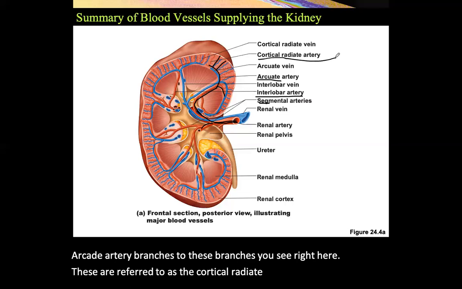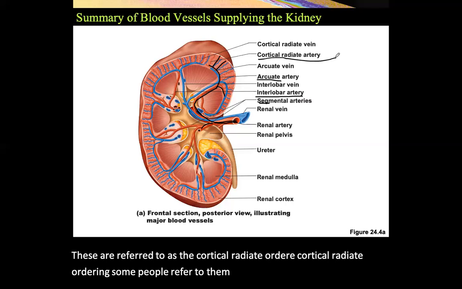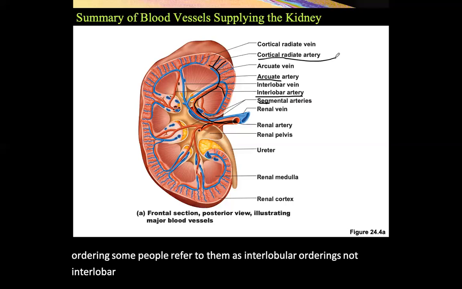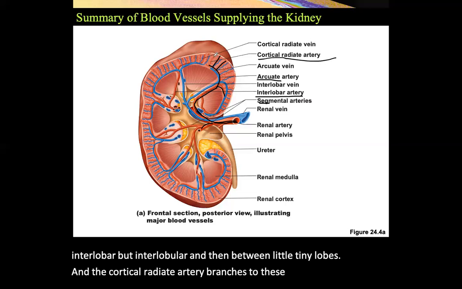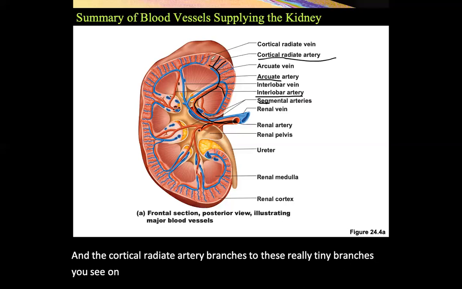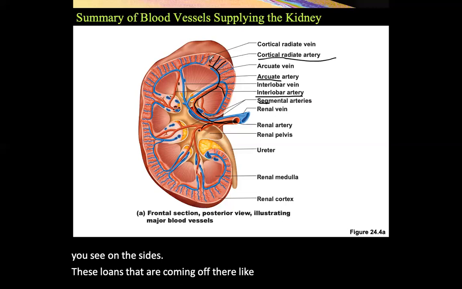Cortical radiate artery. Some people refer to them as interlobular arteries, not interlobar, but interlobular, as in between little tiny lobes. And the cortical radiate artery branches to these really tiny branches you see on the sides. These ones that are coming off, they're like little branches of the tree.